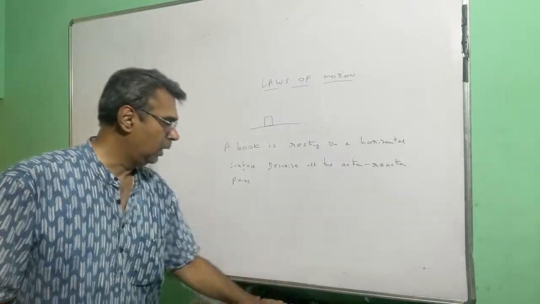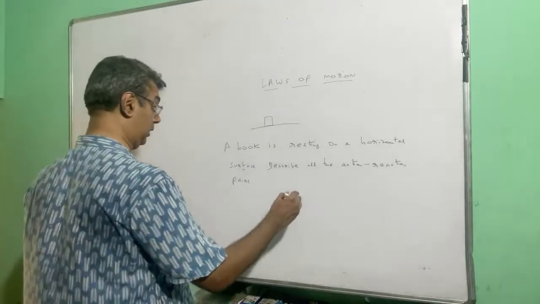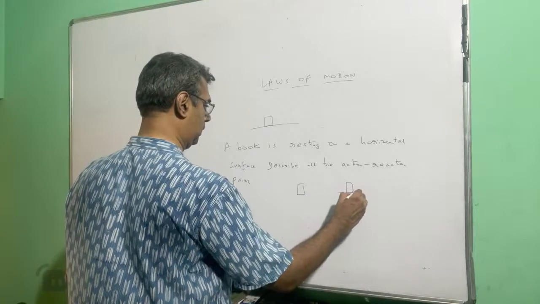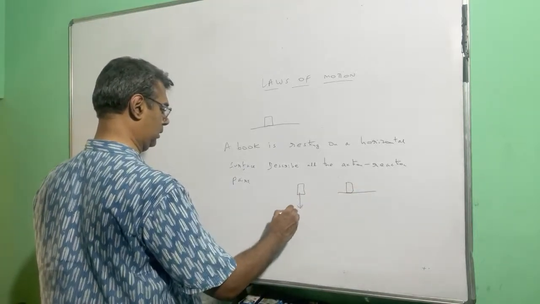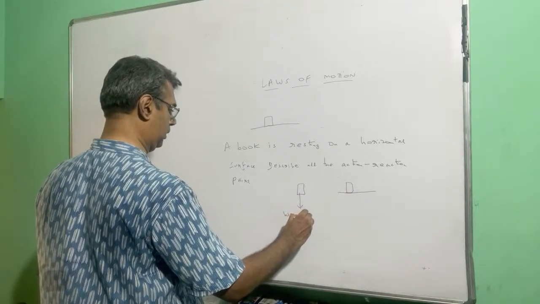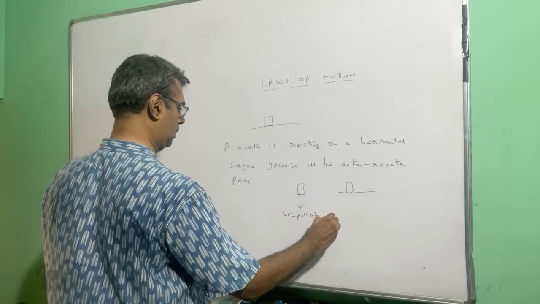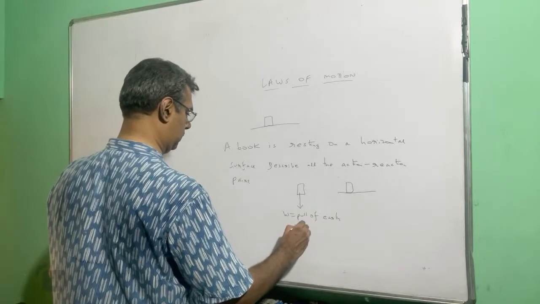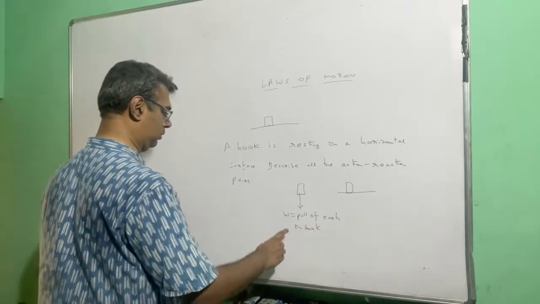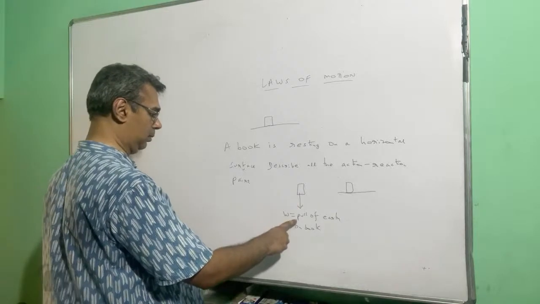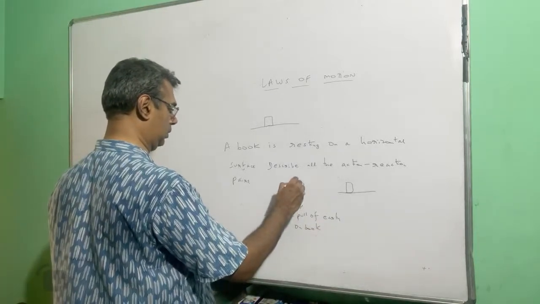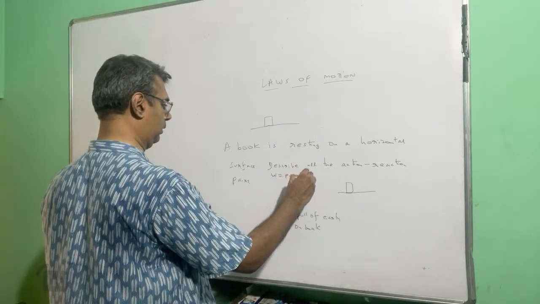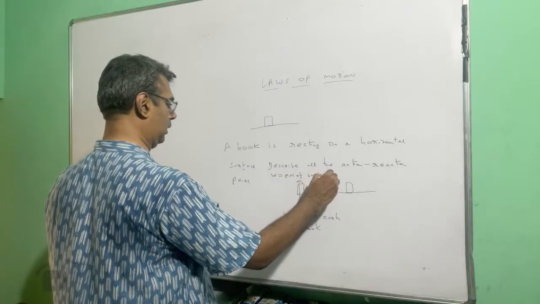When a book is resting on a surface, what we call the weight of the book, W, is actually the pull of the earth on the book, and equal and opposite of that will be the pull of the book on the earth.